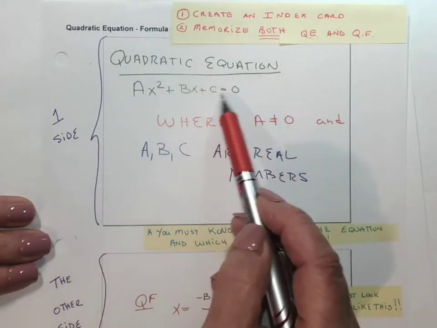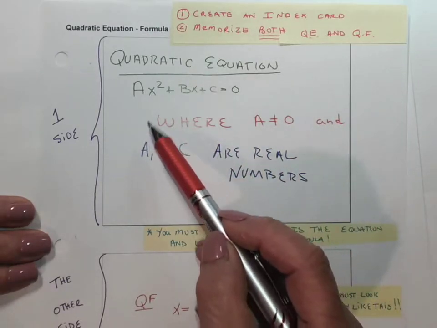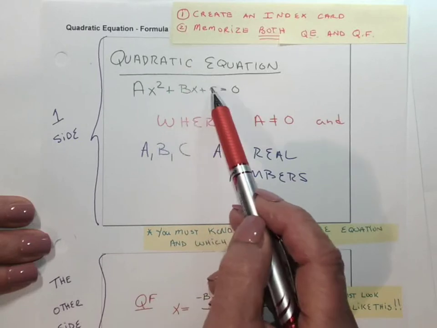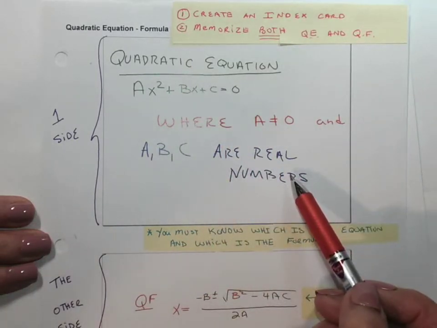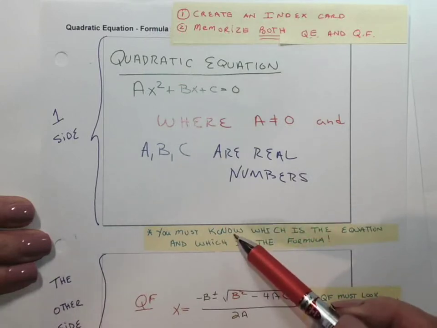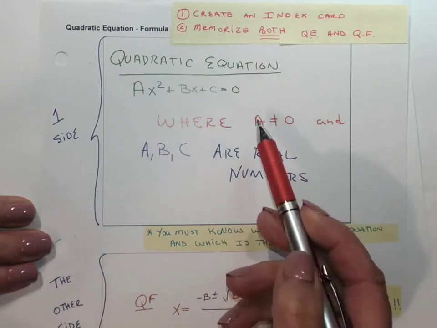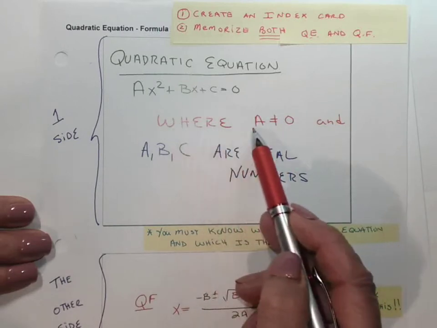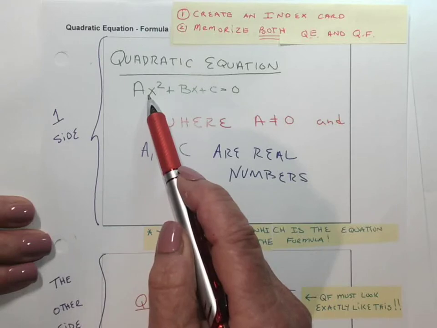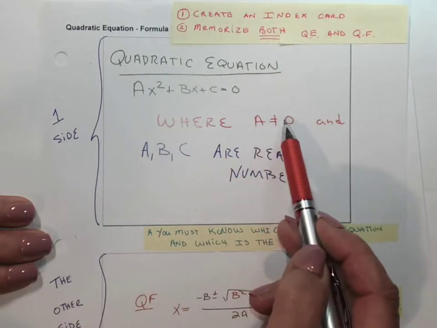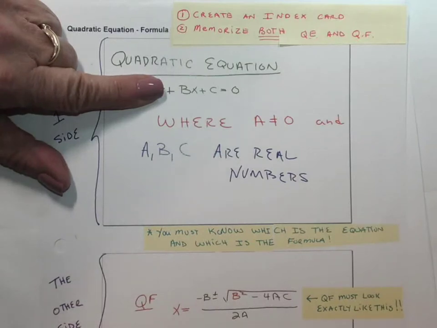Quadratic equation must equal 0. And these coefficients a, b, and c are real numbers that will be used in the quadratic formula. And it's important that you know that a can't be equal to 0, because if a is 0, then you no longer have a quadratic equation.